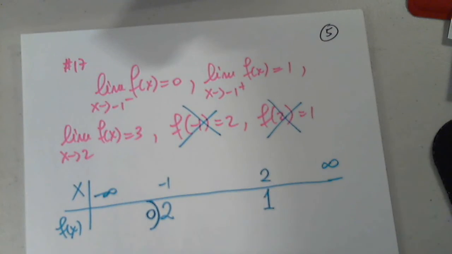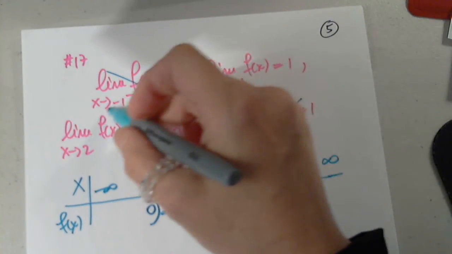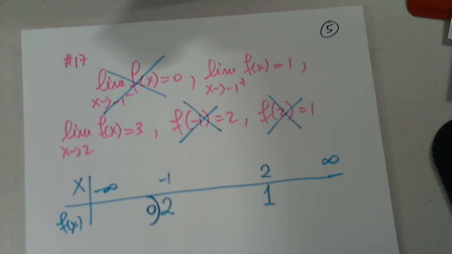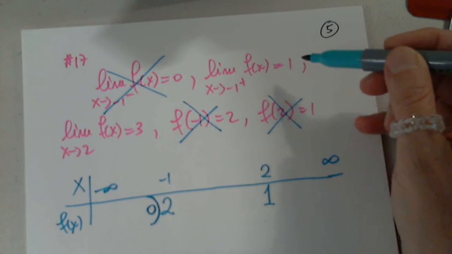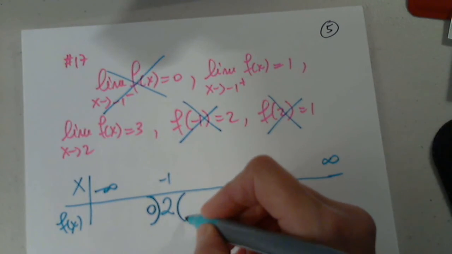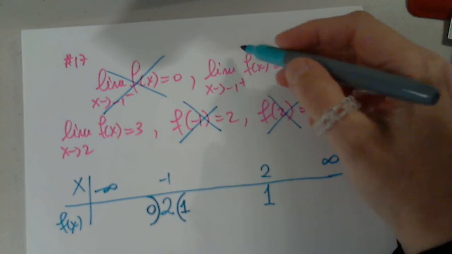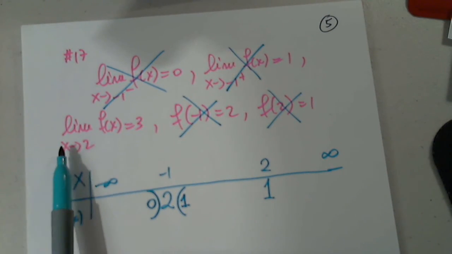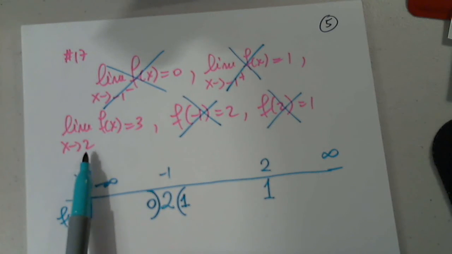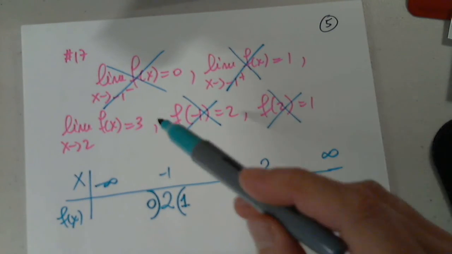Parenthesis. We know why. This is done. You don't have to cross them out like that. I'm just making sure I put everything in. The limit of f of x as x approaches negative 1 from the right is very clear. Parenthesis, inside 1. Done. And finally it says the limit of f of x as x approaches 2 from either side is 3.